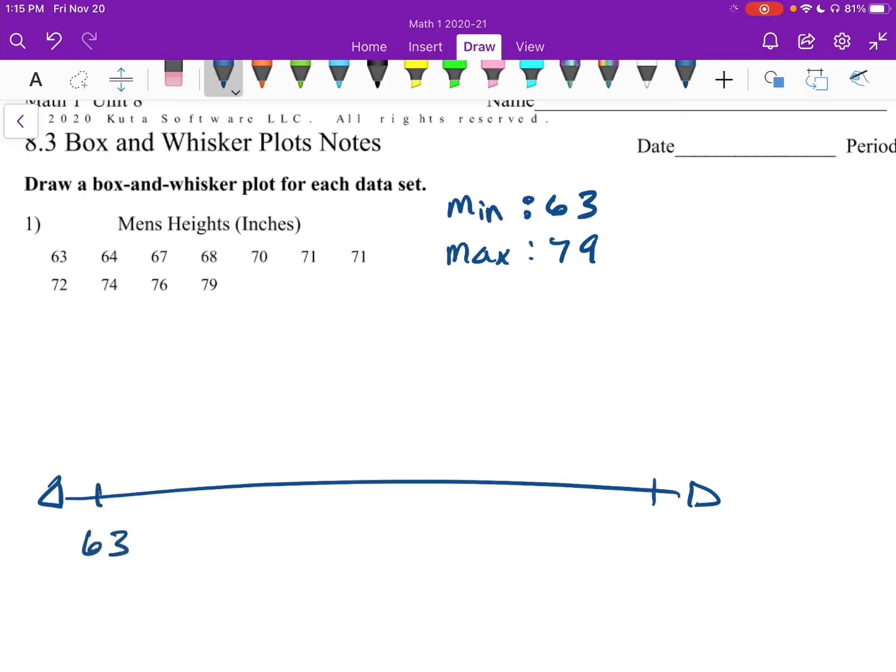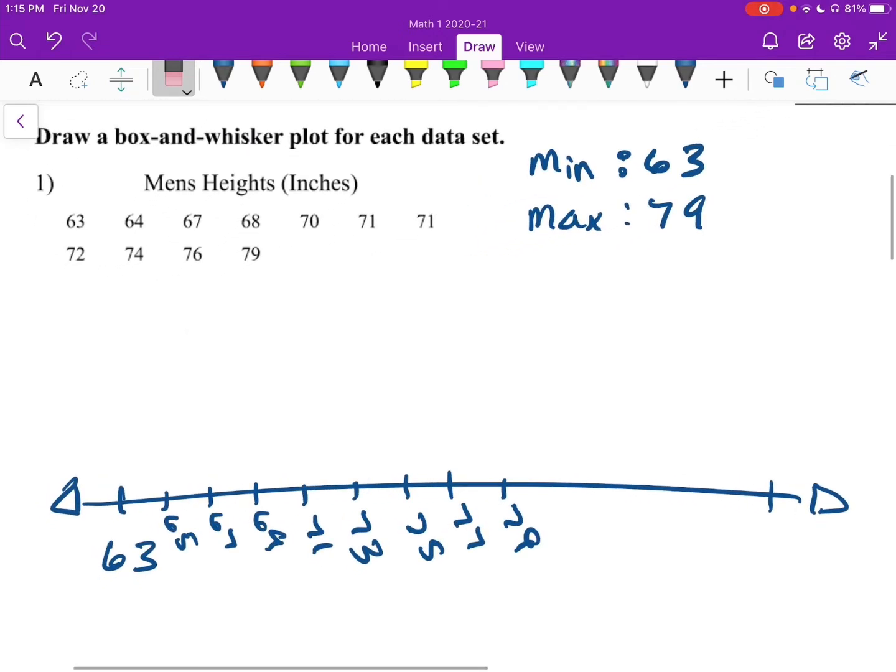And my biggest number is going to be 79. I'm going to write tally marks counting up by 2. So 63, 65, 67, 69, 71, 73, 75, 77, 79. So I'll just erase this one down there.